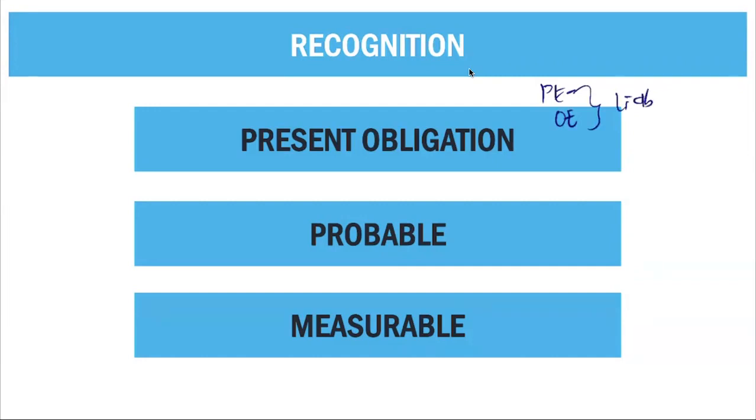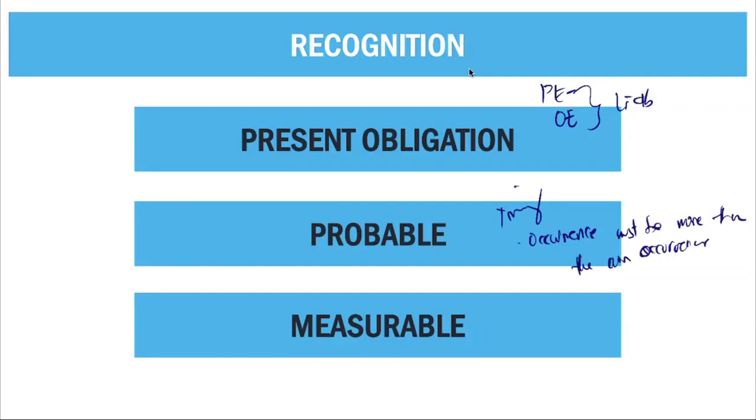Next, it is probable. When we talk about probability, again, we're talking about the timing. Normally, probability is defined as an outflow of economic benefits. Although there will always be an outflow of economic benefit, here the probability is about timing. When we talk about probability as a form of timing, the occurrence must be more than the non-occurrence.